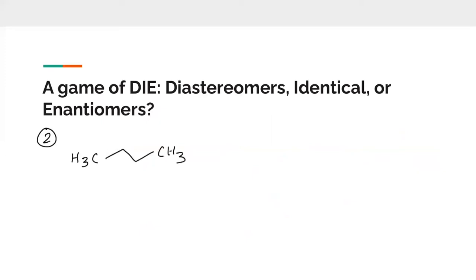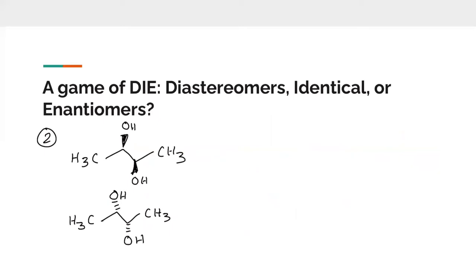It is similar to the first problem, except now I've changed it so that instead of alternating dashes, they would either both be dashes or both be wedges. So here you would have OH as a dash and OH as a dash.